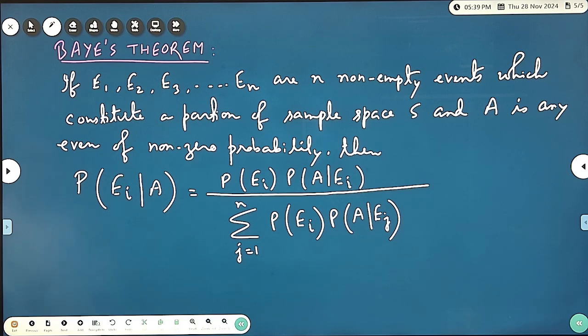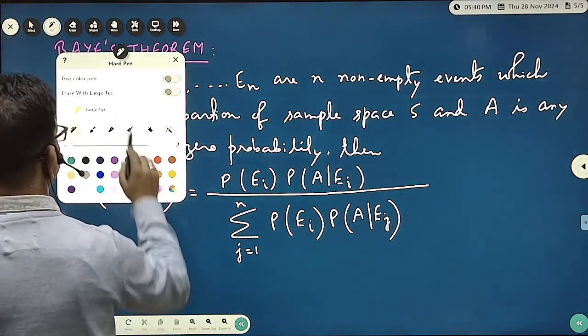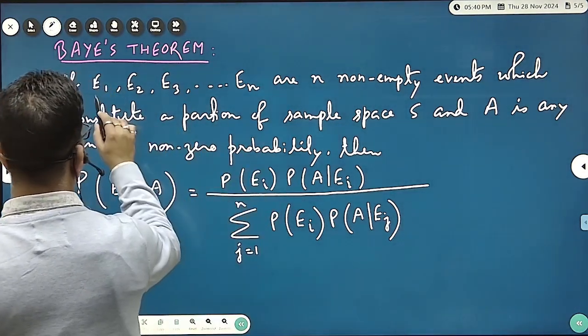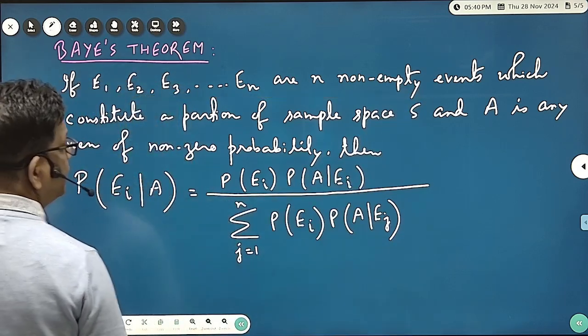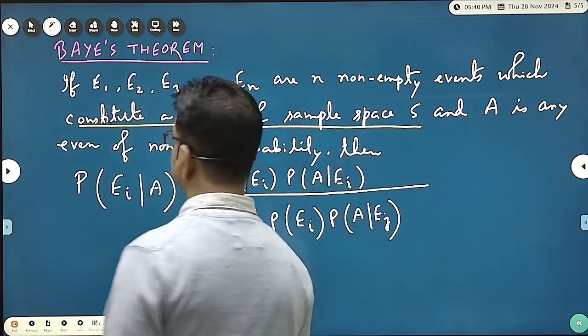Try to understand. Now here you can see it is given that E1 to En constitute a partition of sample space S. Try to understand what it means first. Although we don't need all the definitions, at least you must have some idea. These are some non-empty events, and together they make a partition of the sample space.